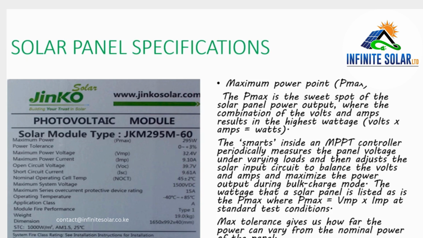The wattage that a solar panel is listed as, Pmax, is got by multiplying the voltage at maximum power and the current at maximum power at the standard test conditions.